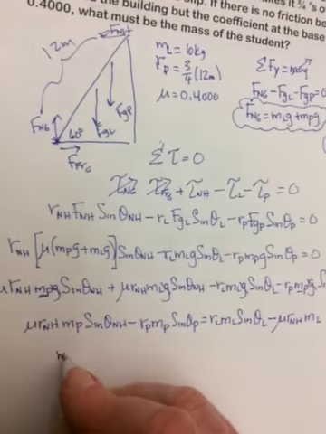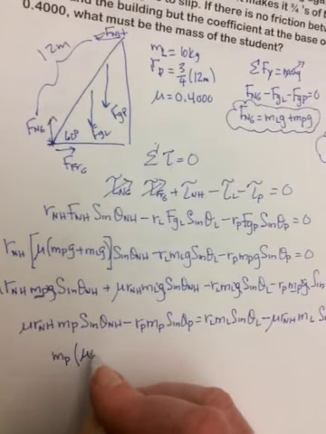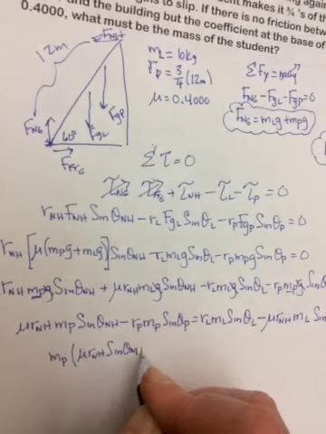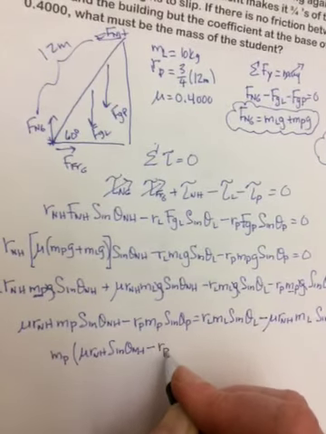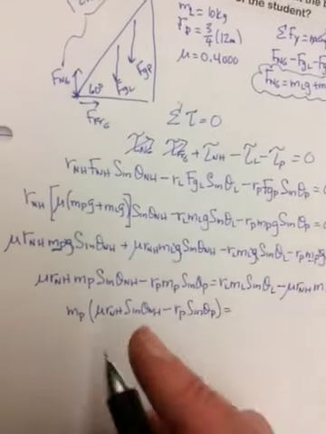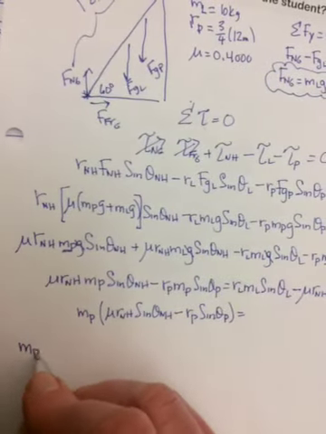Factor out your m of the person. Mu R normal of the house, sine theta normal of the house, minus R of the person, sine theta of the person. The other side doesn't change. Divide by the bracket.